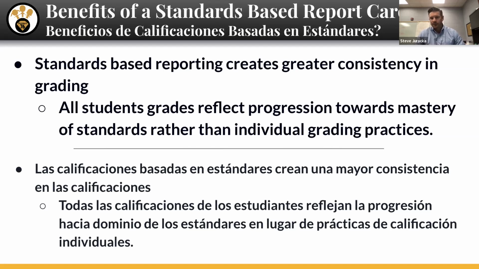Some examples I've seen in the past is, let's say some teachers give extra credit, or some teachers allow students to bring in, let's say, cans for the canned food drive, and bringing in canned foods allows them to get extra points. And so doing some of those things that are not related to the standards allows a child to get a specific grade. And that may vary from teacher to teacher.